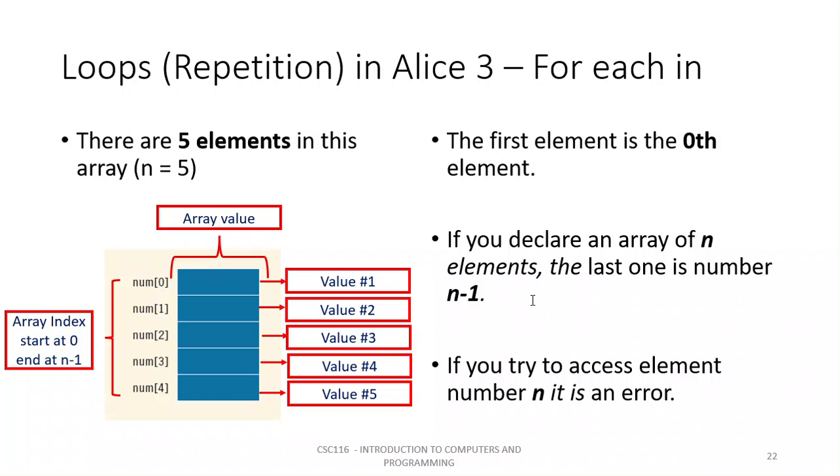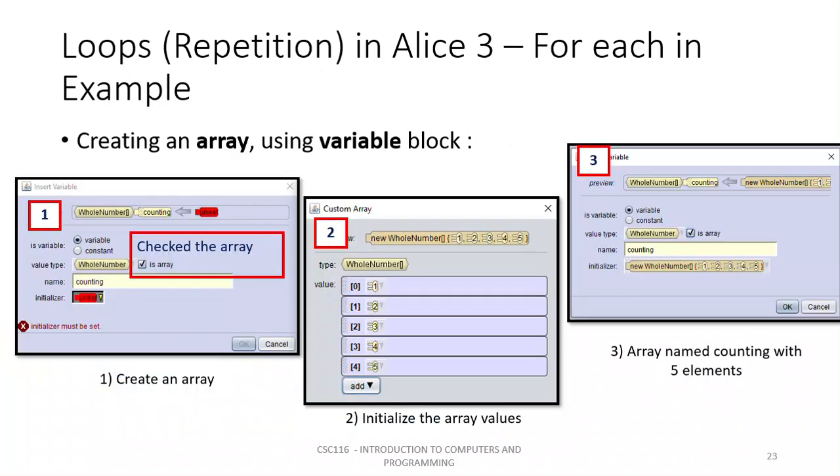Maksudnya kalau you ada 5 items in your array, it will start with 0 to 4 only. If you try to access element number n, maksudnya kalau you nak cuba assign satu value kepada num5, tak wujud, it does not exist, so it will give you an error in your coding.